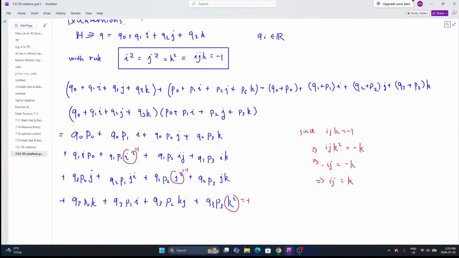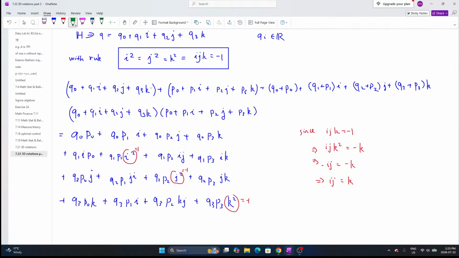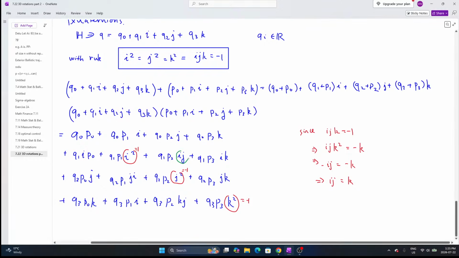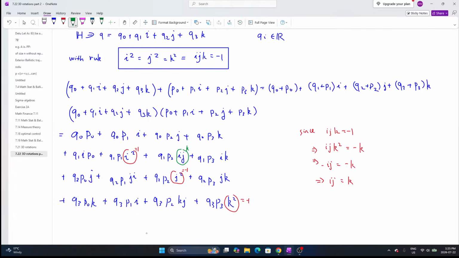So ij is k. So this way you can figure out all the cross terms. ij is k. But what about jk? What about, say, ji then? What about ji? So let's figure that out.